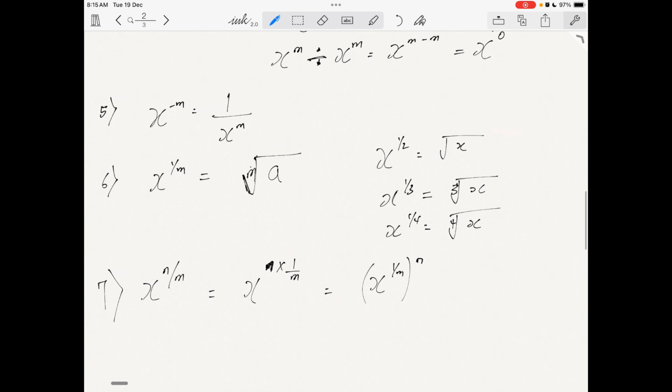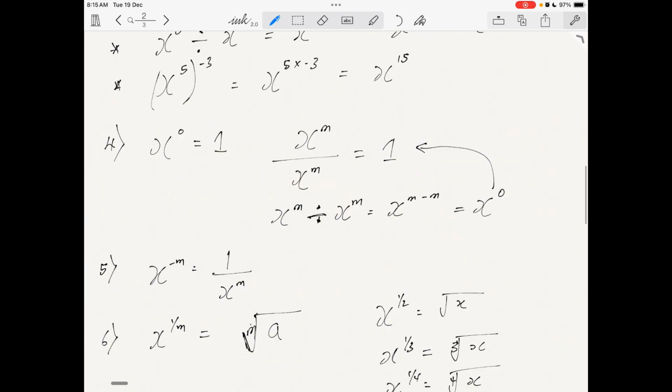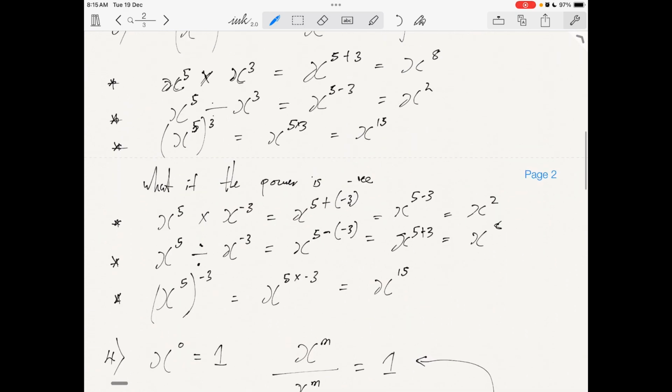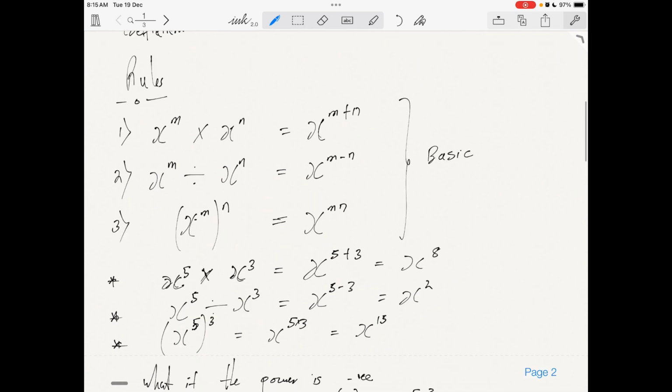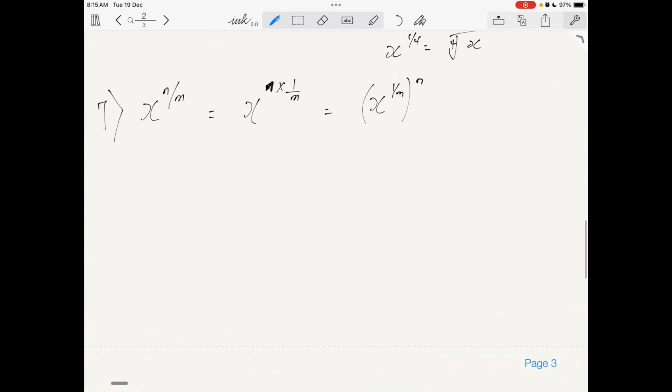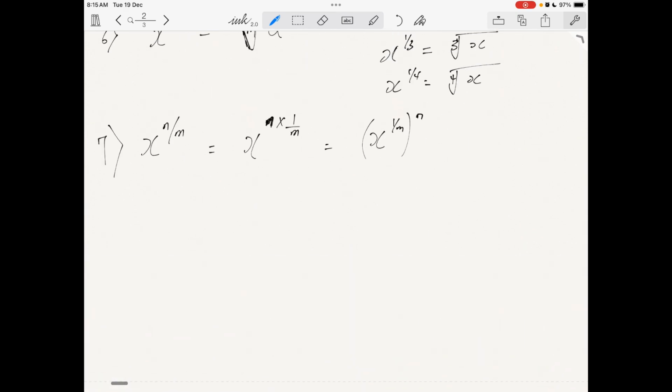Now it's like going in reverse order from rule 3. We say that it's fundamental, so we are going in reverse order from rule 3, right?